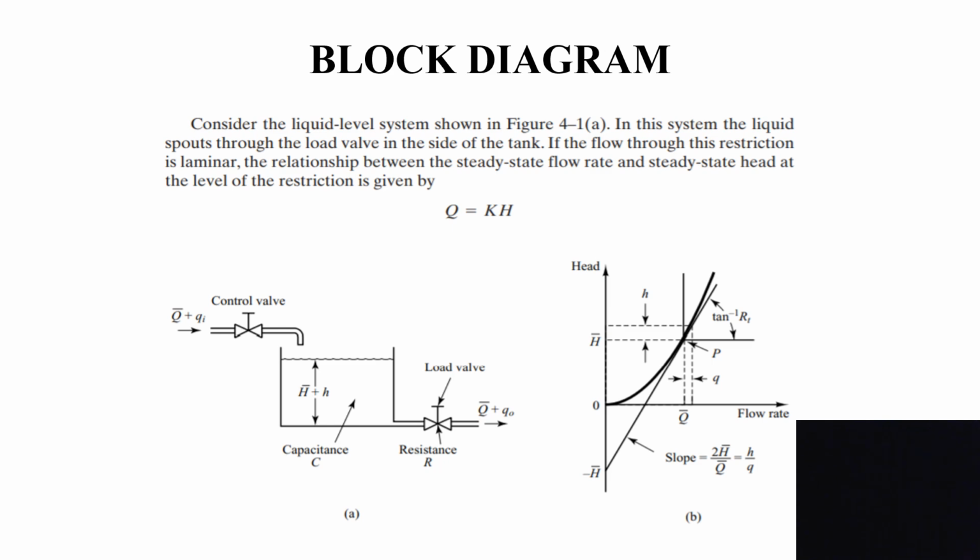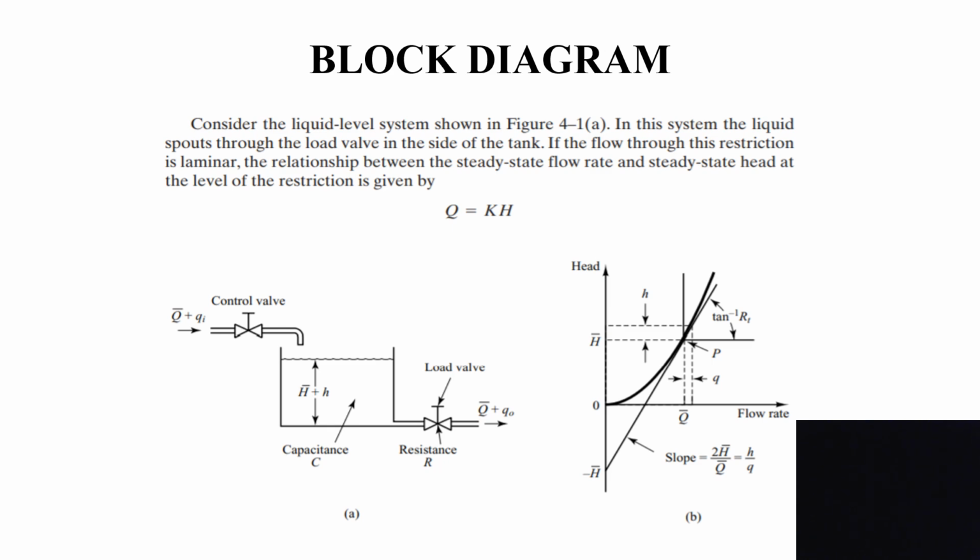There is an inflow rate, Qi, and the respective output is Q naught. The capacitance of the tank is C, and there is a valve connected at the outlet of the pipeline, which is associated with the resistance. Let us explore these parameters.